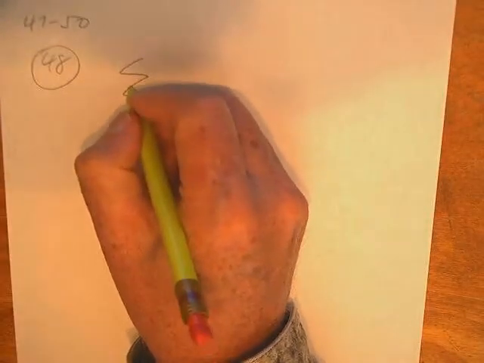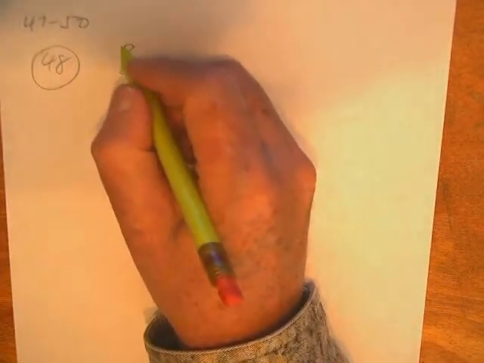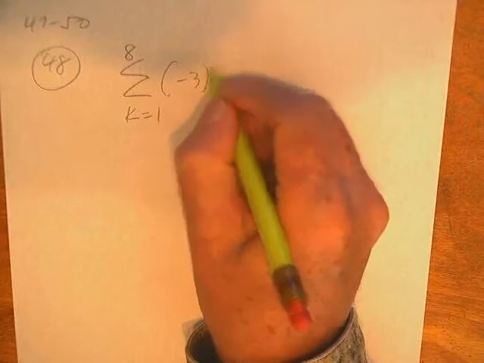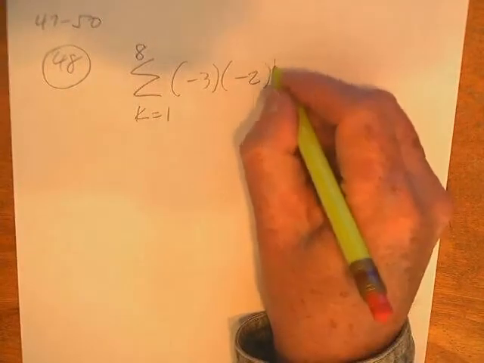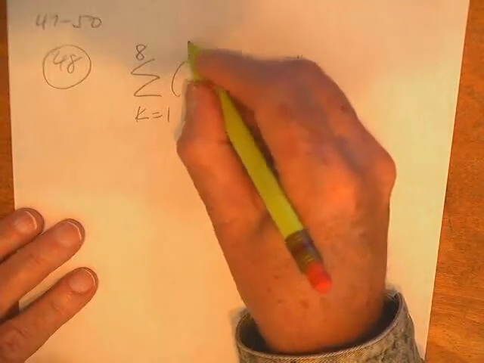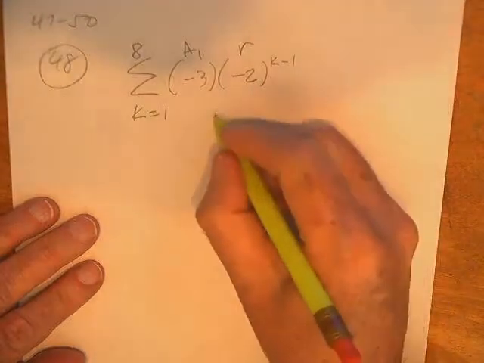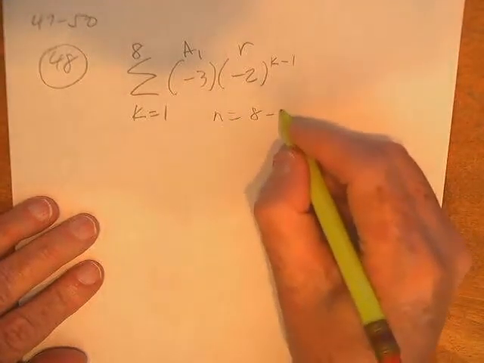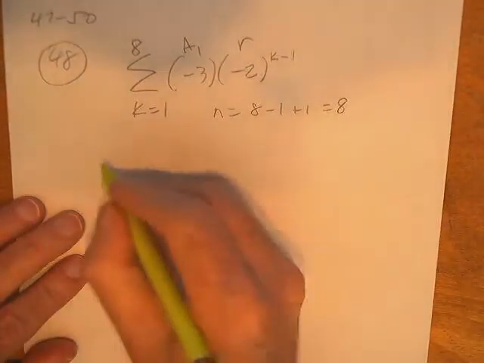Okay, 48, we've got the summation again. Well, this is A1 and that's R. They just gave them to you. And then n is the top number minus the bottom number plus 1. That's going to be 8.